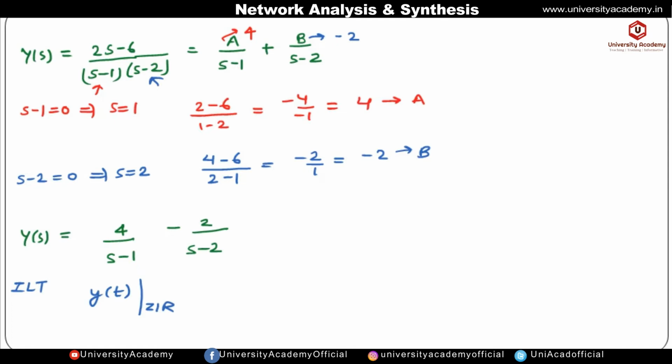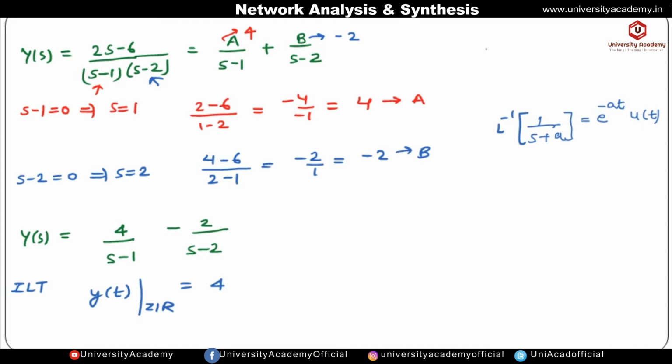So it is equal to 4 times the inverse Laplace of 1 by s minus 1. Okay, so Laplace inverse of 1 by s plus a. Okay, so inverse Laplace transform of 1 by s plus a is given by e to the power minus at into u of t.